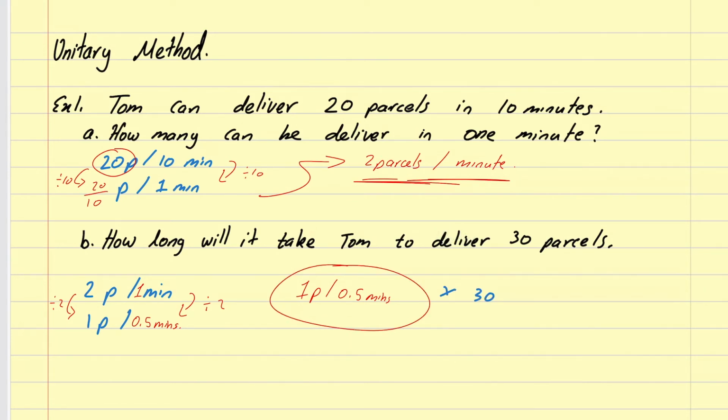So you can write it out as I have set it out before. 1 parcel is equal to 0.5 minutes. Therefore, 30 parcels will equal 0.5 minutes times 30 as well, and that's going to give us 15 minutes.